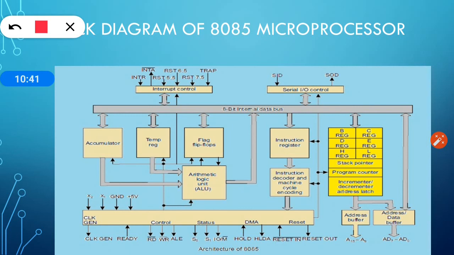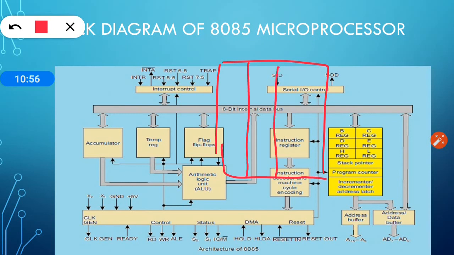We will take one example of how data is loaded from the memory device to the accumulator. As we know, a memory device is a circuit. Actually, a memory chip is internally subdivided into small equal subparts, as we discussed earlier, and each subpart is called a memory location. For each memory location, a unique 16-bit address is assigned.